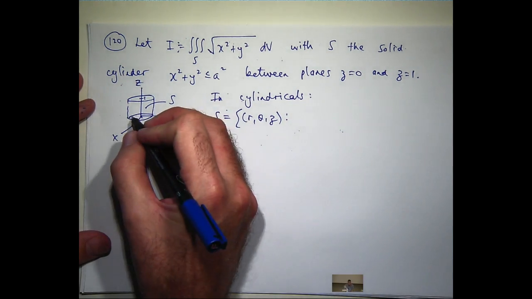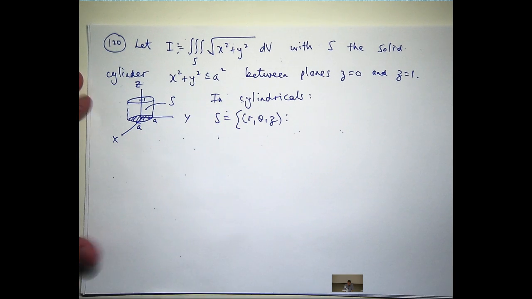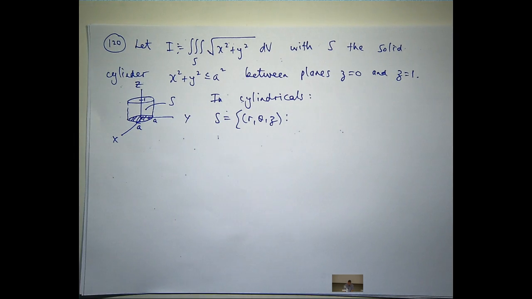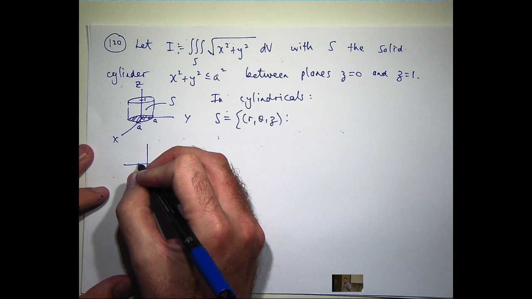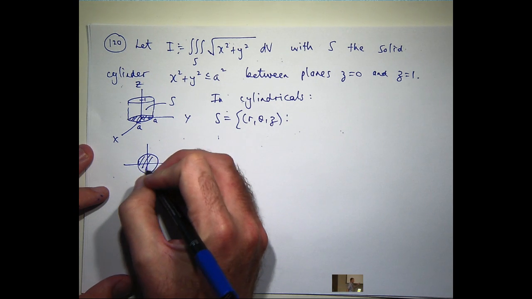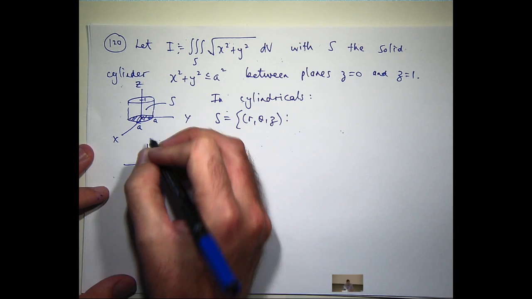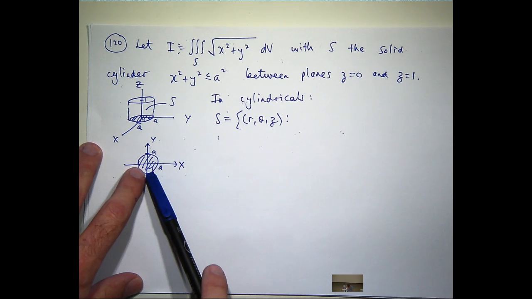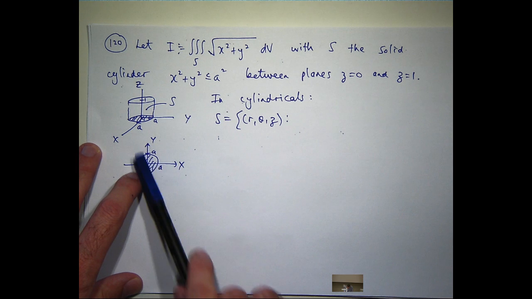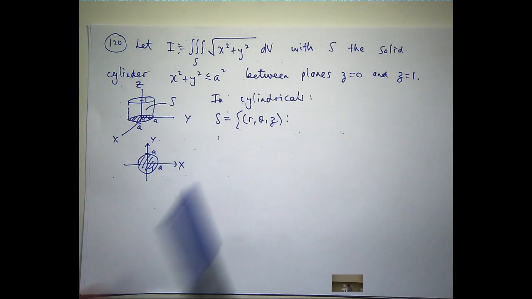So let's get the r and theta from the projection. In the xy plane, this is going to be some sort of disk centered at the origin with radius a. So to describe this in polars, the description is going to be what?